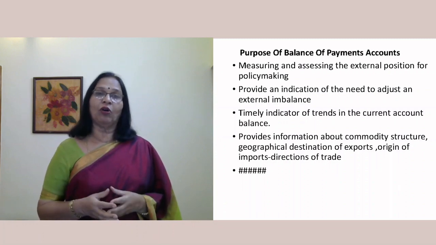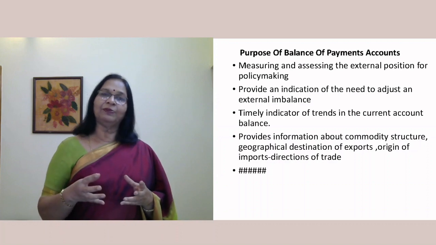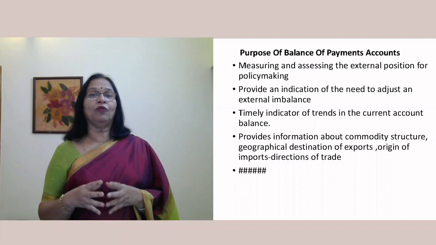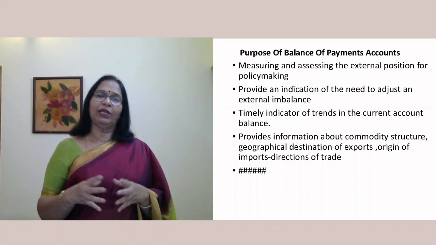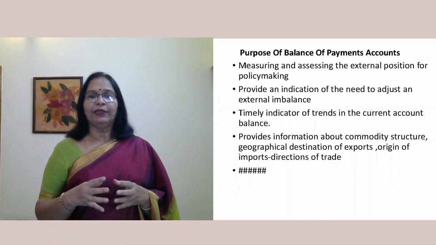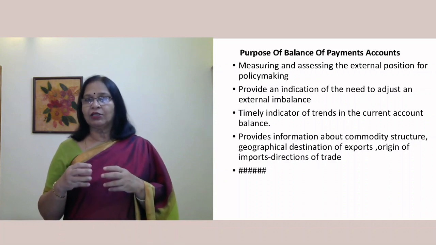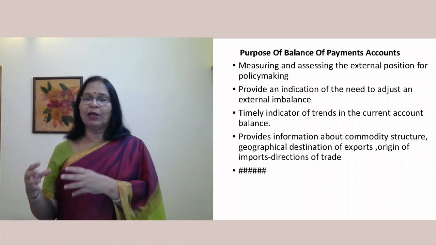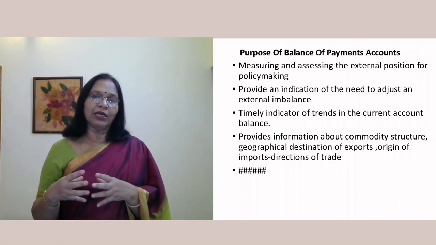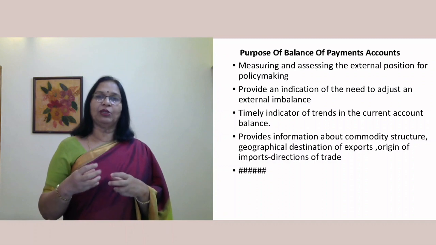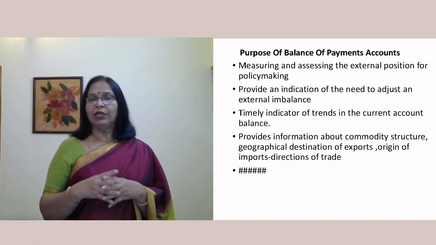So we went in for the LPG, the liberalization program that we followed in 1991 when the nation was in a state of crisis. Then it is a timely indicator about the trends in the current account. If we watch these balance of payments on a regular basis, we can understand what is happening to the actual current account imports and exports.